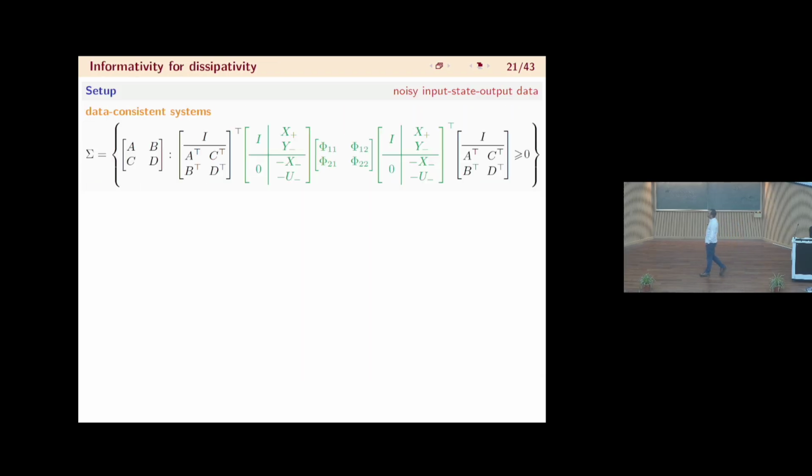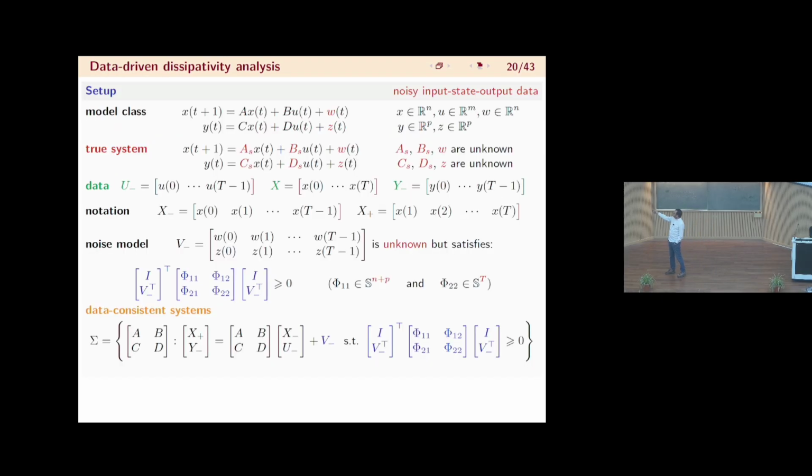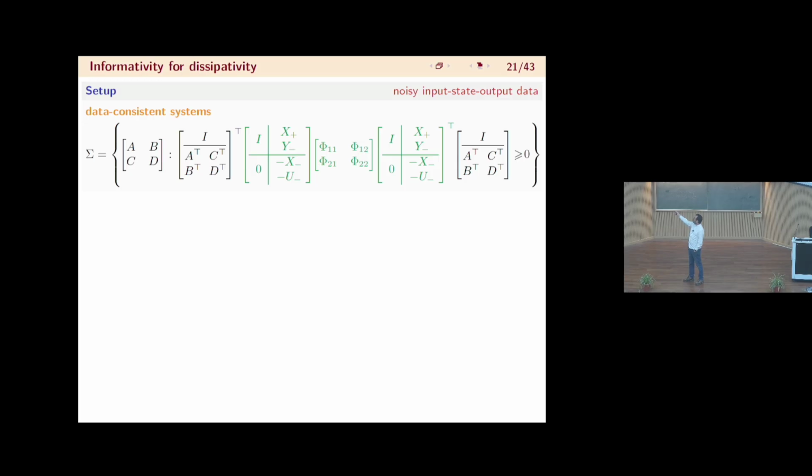As before, of course, I can solve for V minus from this expression and substitute here. That is going to eliminate V minus, and I'm going to end up with a QMI in terms of A, B, C, and D. So this gives me this set of data consistent systems now: all A, B, C, D quadruples that satisfy this green quadratic matrix inequality.